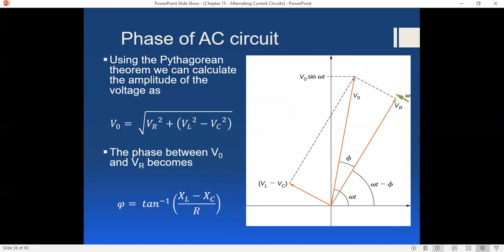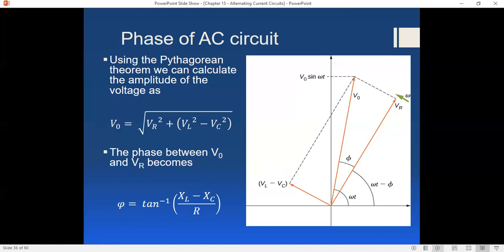Now the phase between V0, which is the total voltage of the system, and VR, which is in phase with the current, the angle between these two is basically equal to this expression right here, because tangent of theta is equal to the y component over the x component. In this case, this would be y, this would be x, if we're imagining this in some rotational coordinate system.